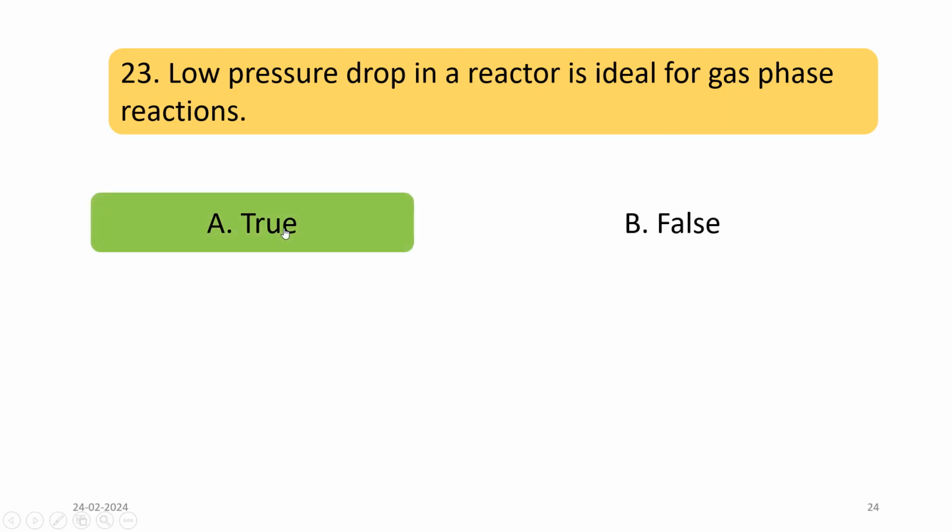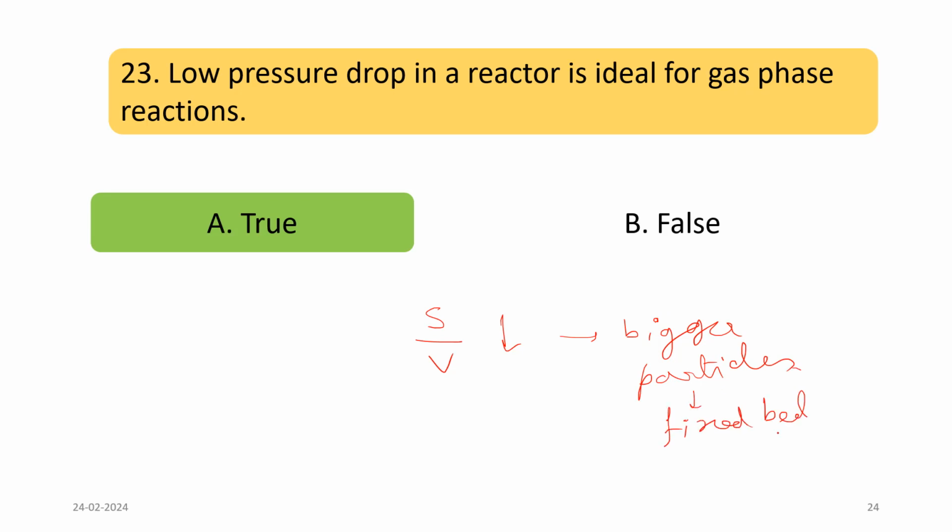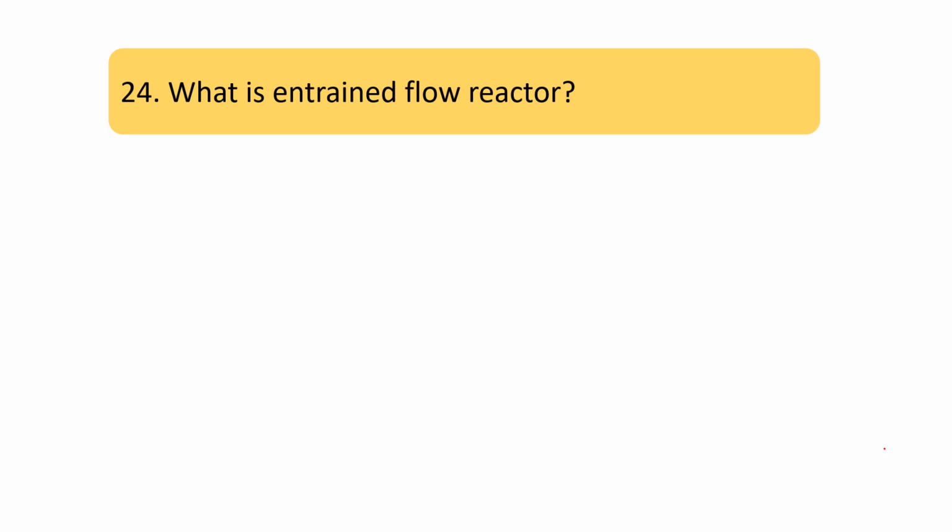Low pressure drop in a reactor is ideal for gas phase reactions. And to maintain a low pressure drop, what we need? We need low surface to volume ratio. So for that we need bigger particles, and for that we need fixed bed reactor.